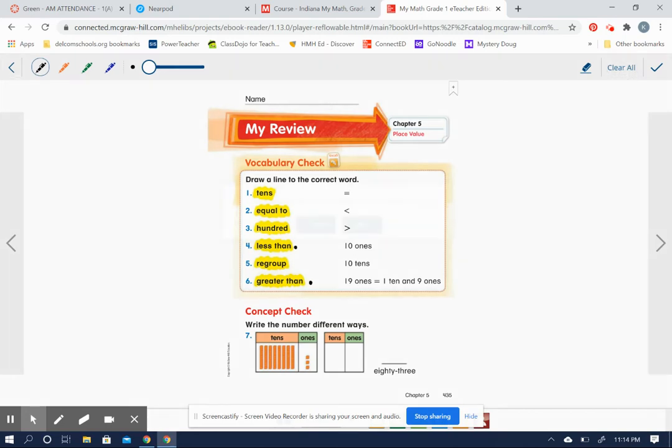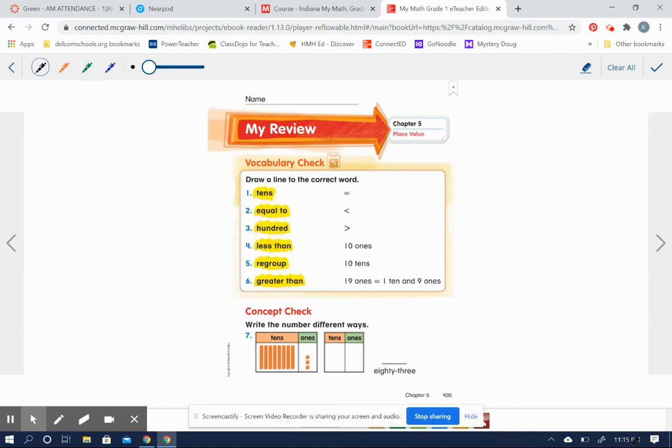Okay, let me get rid of those dots there. All right, and then over here, we've got this symbol, and we have a couple other symbols, and then this says 10 ones, 10 tens, and 19 ones equals 1 ten and 9 ones. All right, well, let's start.